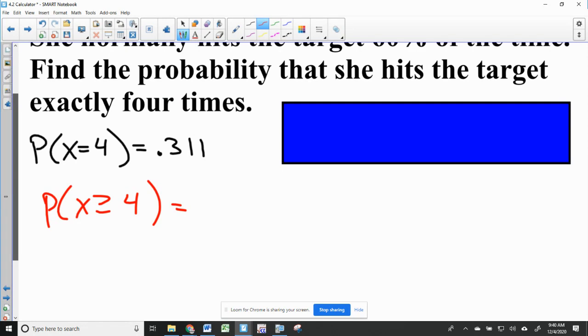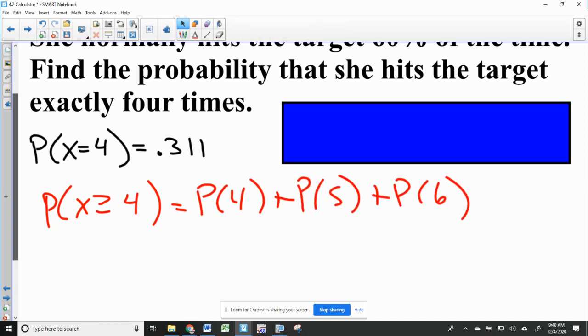To do that, you need to do the probability of 4 plus the probability of 5 plus the probability of 6. Do that on your chart. Figure out what that is. I want to show you what CDF does here. So go to your chart. This was 0.31.